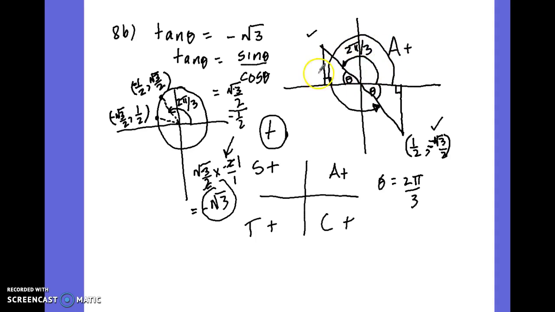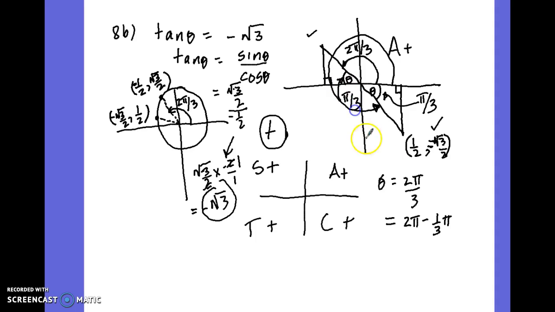And this one all the way around will be 2 pi minus 1/3 of pi, because the reference angle here is going to be pi/3. So again, it'll be all the way around, 2 pi minus pi/3.